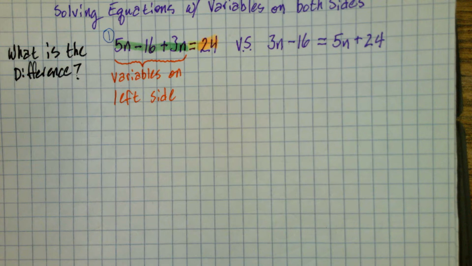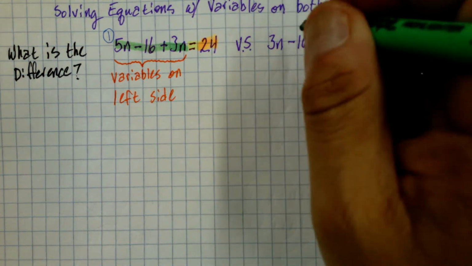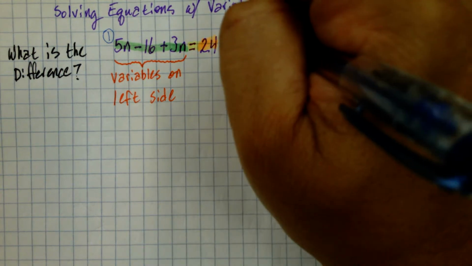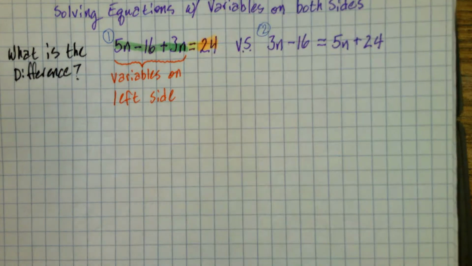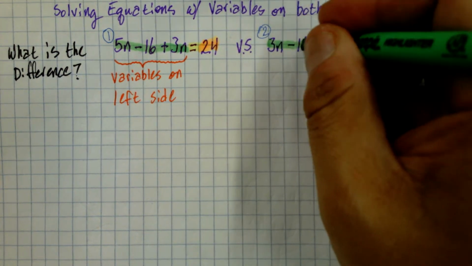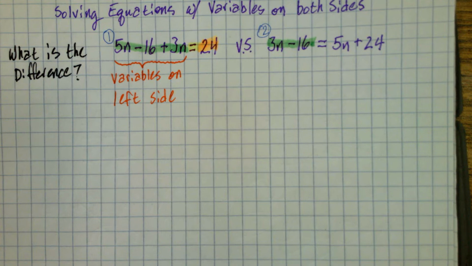Whereas if we look at our second equation, let's call it number 2, let's look at the left side. We got variables here.